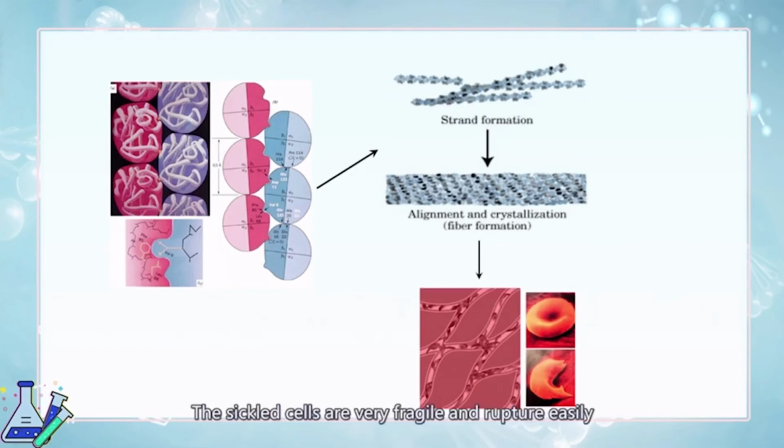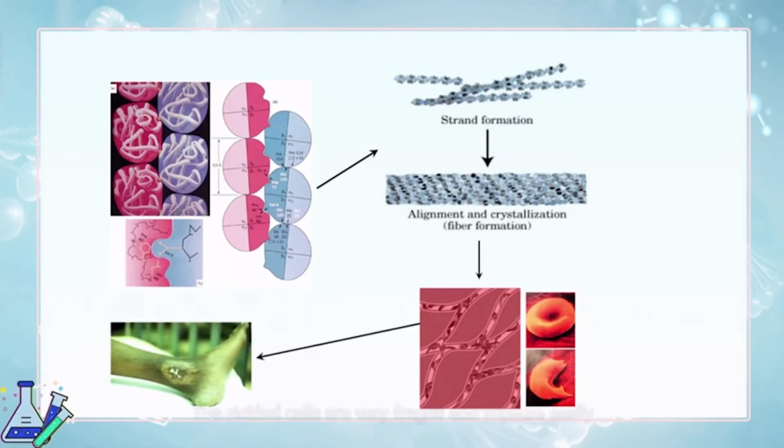The sickle cells are very fragile and rupture easily. This results in anemia. An even more serious consequence is that capillaries become blocked by the long abnormally shaped cells, causing severe pain and interfering with normal organ function.